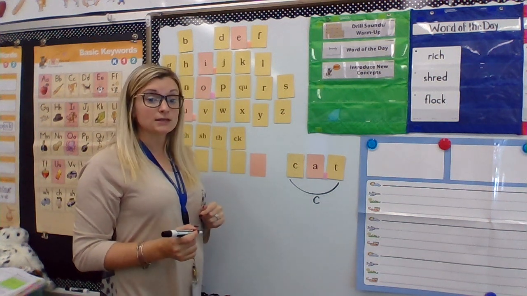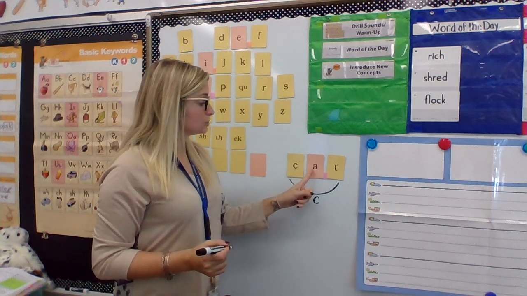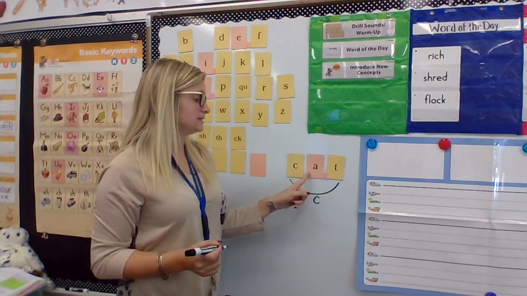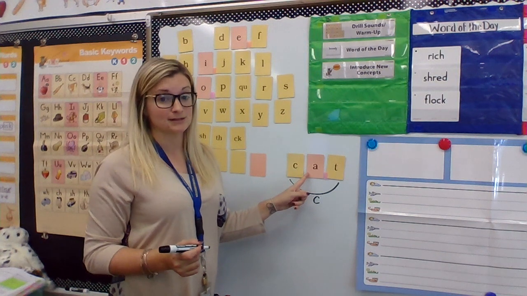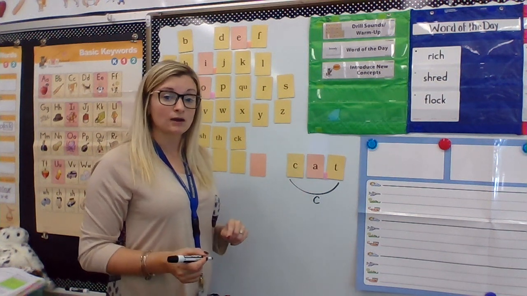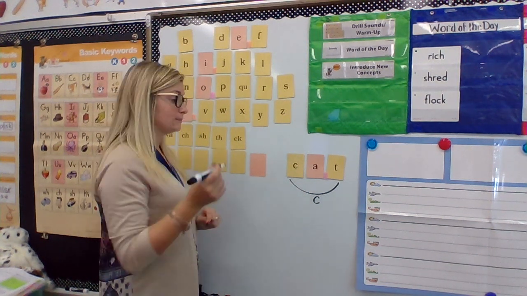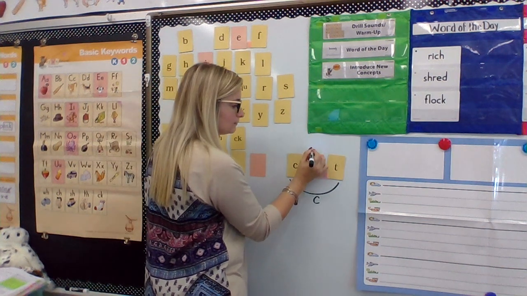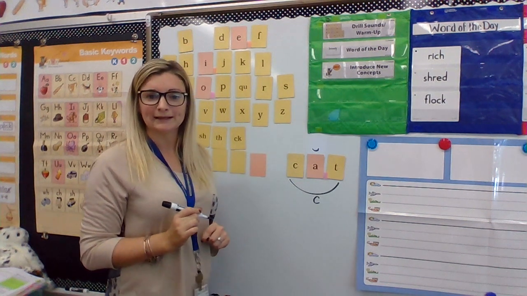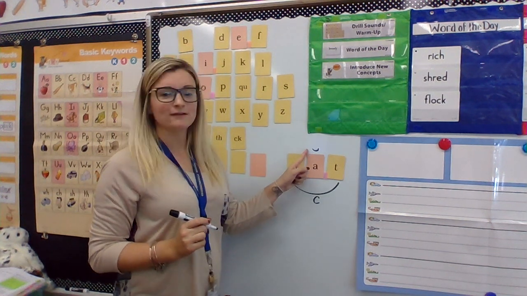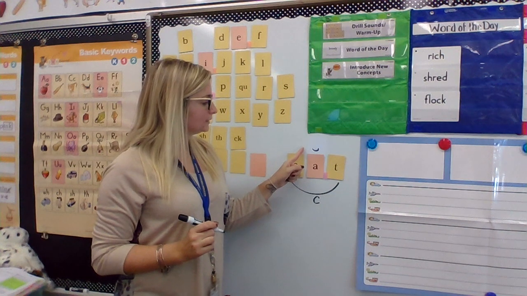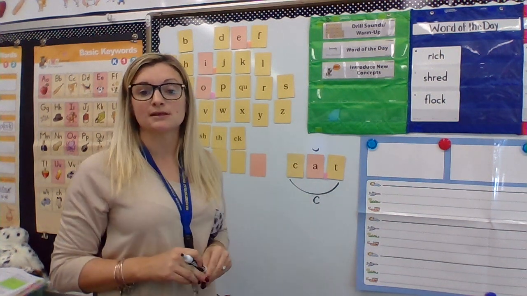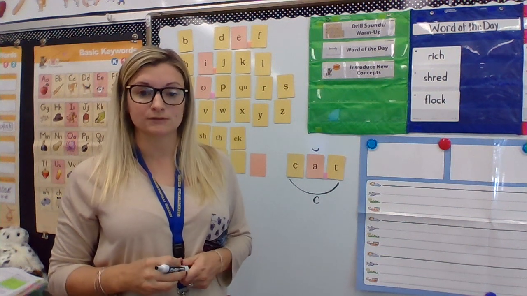Then the third thing we need to do is make sure we mark this vowel short. We have to remind ourselves that this vowel makes that ah sound. And to do that, we use a breve. And we make a breve right above the A. A breve is kind of like a little mini smiley face. That's how I remember it. A breve is a little smile. So you put that little smile right above the vowel. And that reminds us that that A makes that ah sound. Okay?